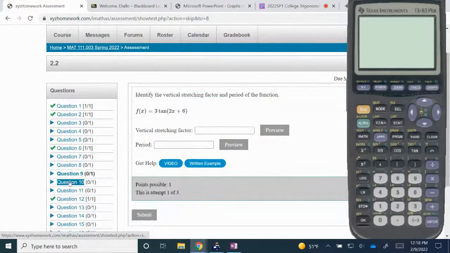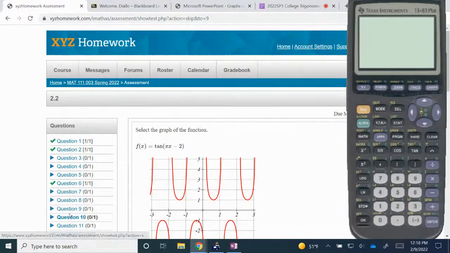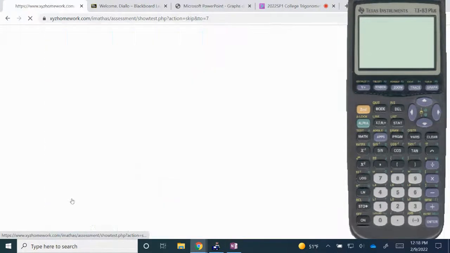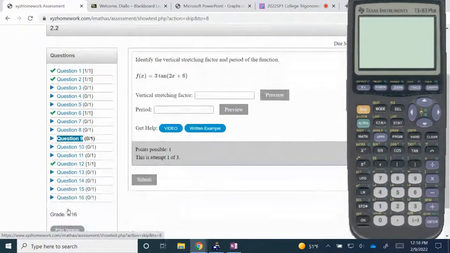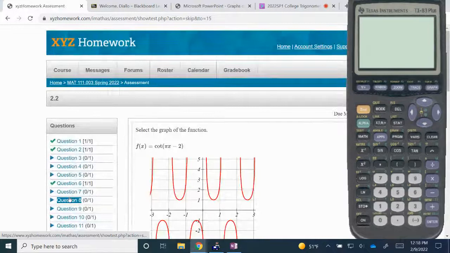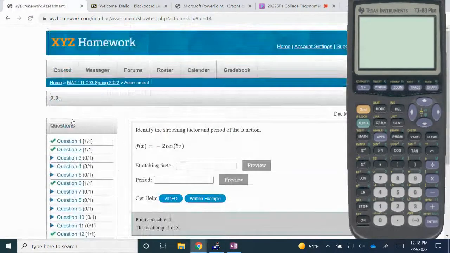Okay, yeah, there are some problems that ask about this vertical stretch, or a stretching factor. Yeah, there's others that ask about a stretching factor, or vertical stretch factor.